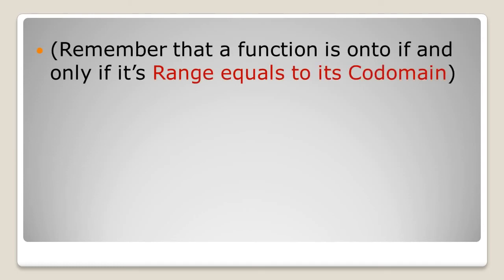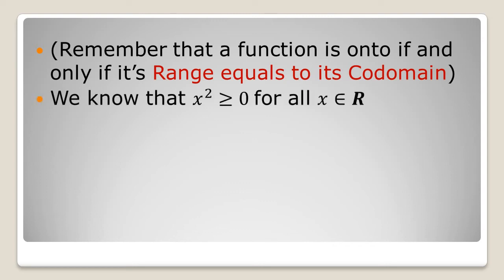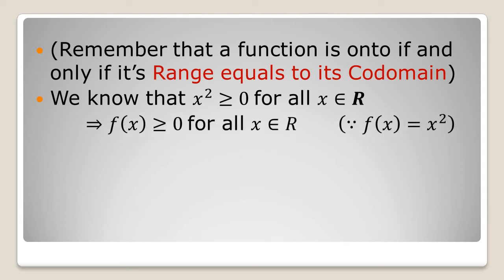Again, for the onto part, let me remind you that a function is onto if and only if its range is equal to its codomain. Here the codomain of the function is the set of real numbers. Now we know that x² is greater than or equal to 0 for all real x. The value of x² is nothing but f(x).